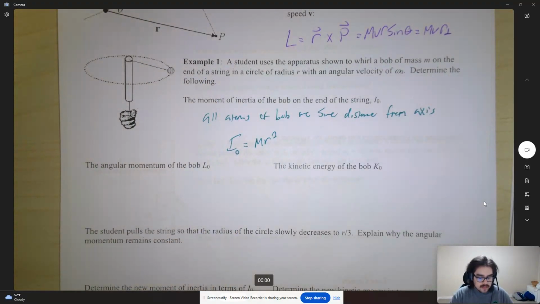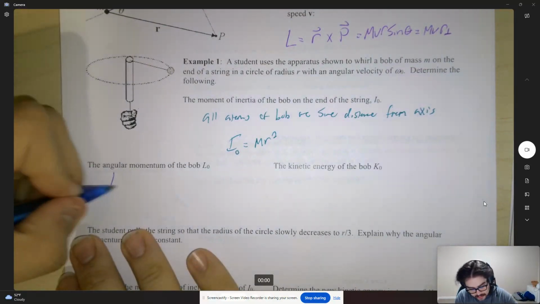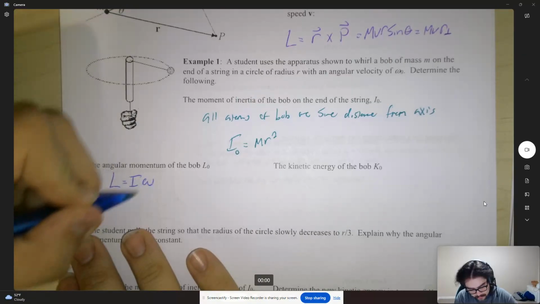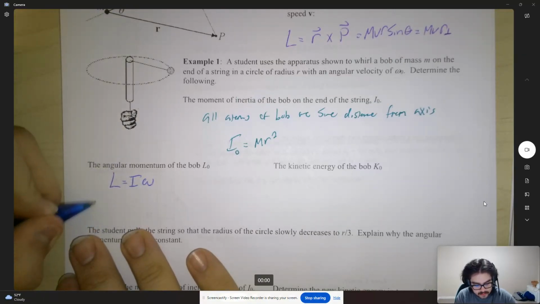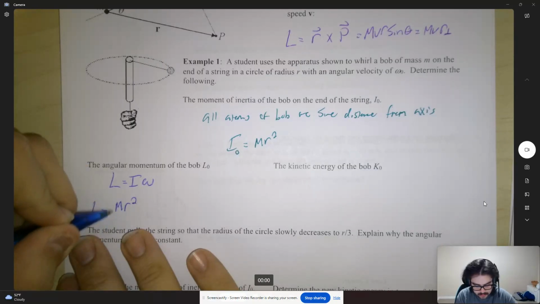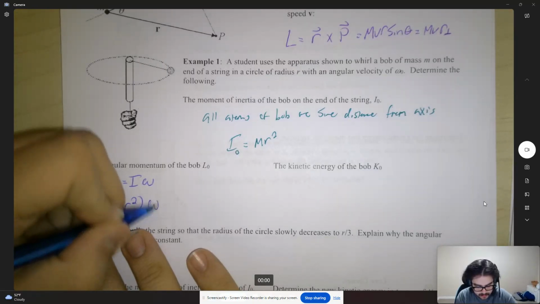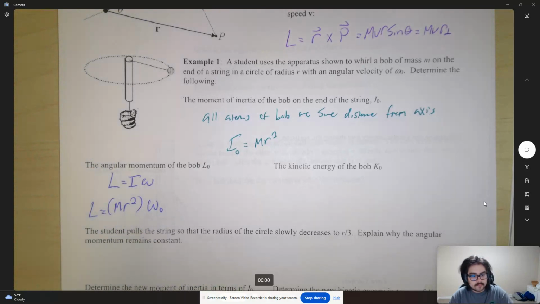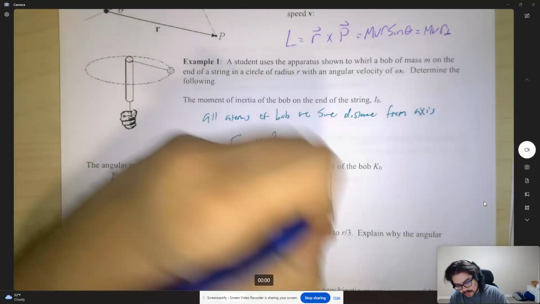To get the angular momentum of the bob, all we have to do is take L equals I omega and plug in my I value, m r squared, times omega naught. Sorry, this should be L naught. To get the kinetic energy of the bob, it has both rotational and translational.